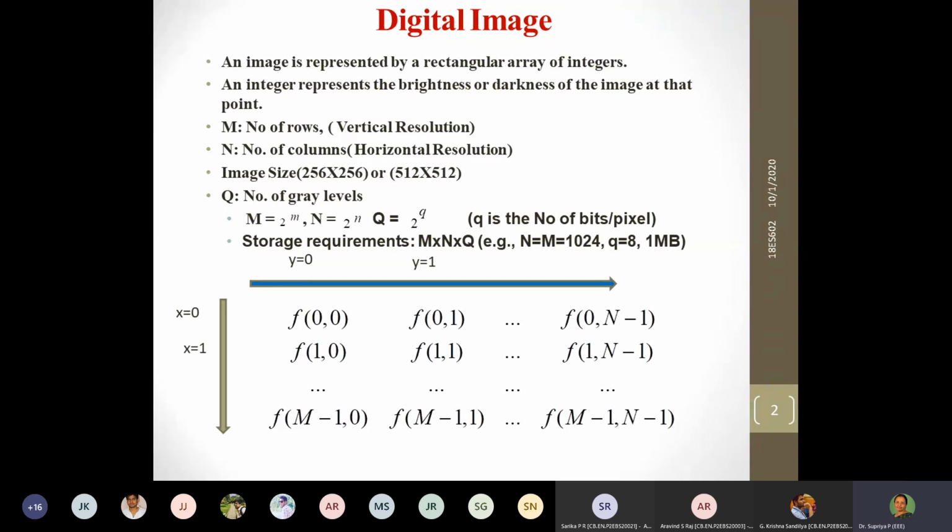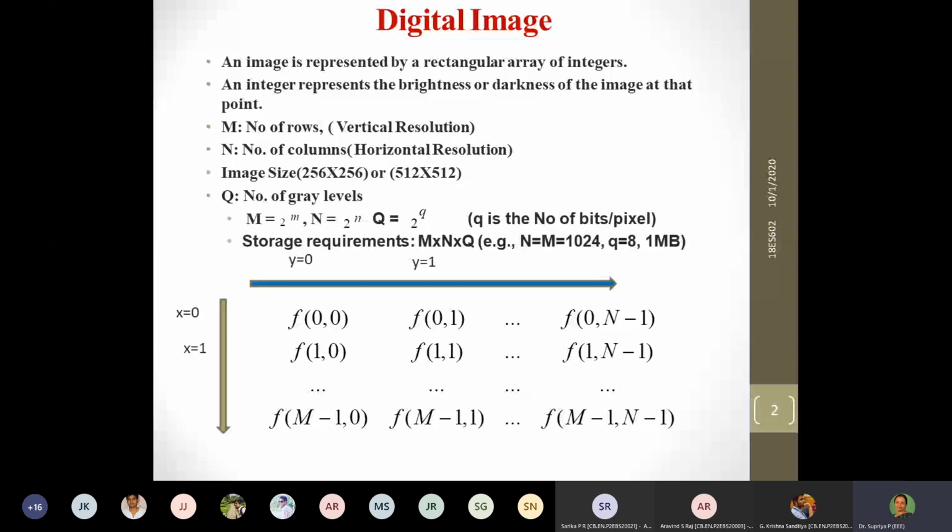With this base in mind, we have understood that we require horizontal rows, which represent the vertical resolution, the columns, which represent the horizontal resolution, and the intensity values represent the number of bits per pixel that is required, and the higher the number of bits, the more storage will be required. This was also discussed when we covered the color image or the RGB image, which required more space to store the image.